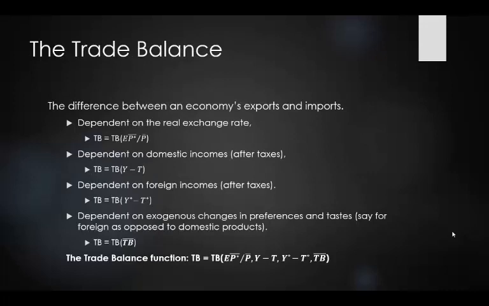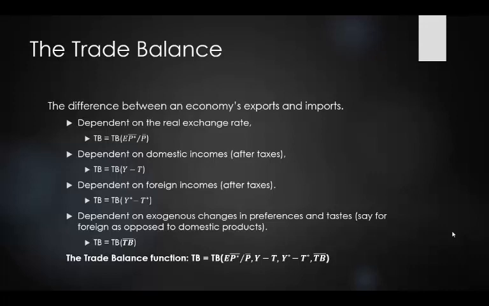The trade balance is the difference between an economy's exports and its imports. So it measures the net spending by the foreign sector on goods and services produced in the domestic economy. The trade balance is assumed to be dependent on the real exchange rate, disposable incomes at home, and foreign disposable incomes, as well as an exogenous component.